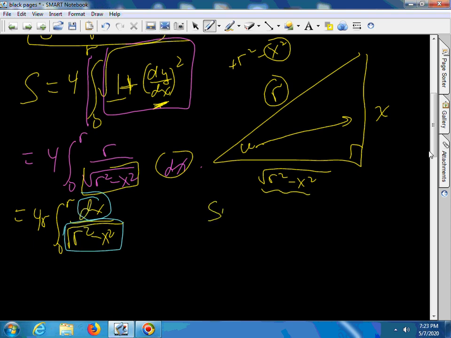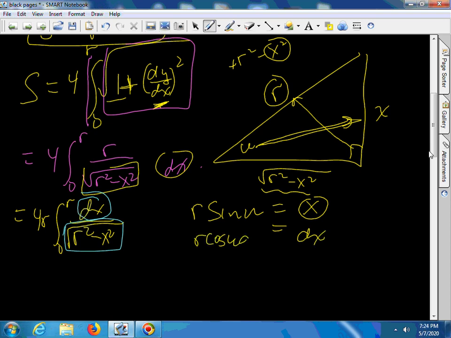Well, it turns out that the sine of u is the opposite, x, divided by the hypotenuse, which is r. Instead of dividing by r, I'll multiply the other side by r. This way, I just have x, and finding the differential is easy. Plus, I already have one side being dx.